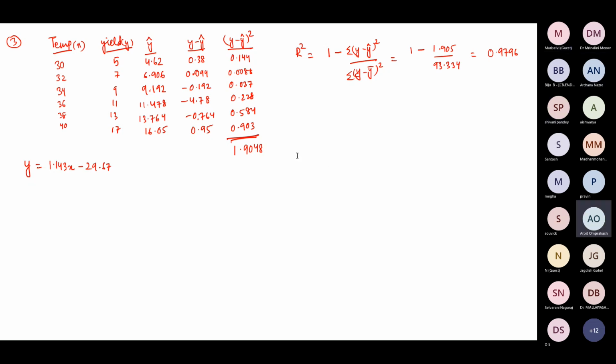So for the fourth question, what we'll do is adjusted R square. Its formula is given as 1 minus, summation of y minus y hat whole square into n minus 1, divided by summation of y minus y bar whole square into n minus p.